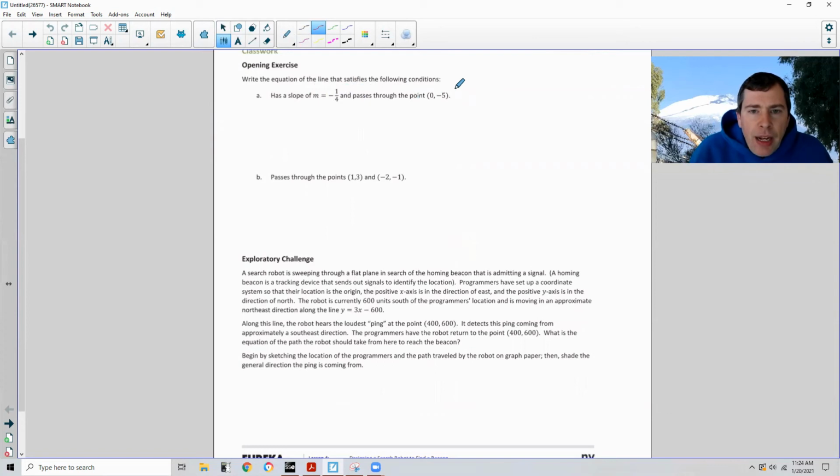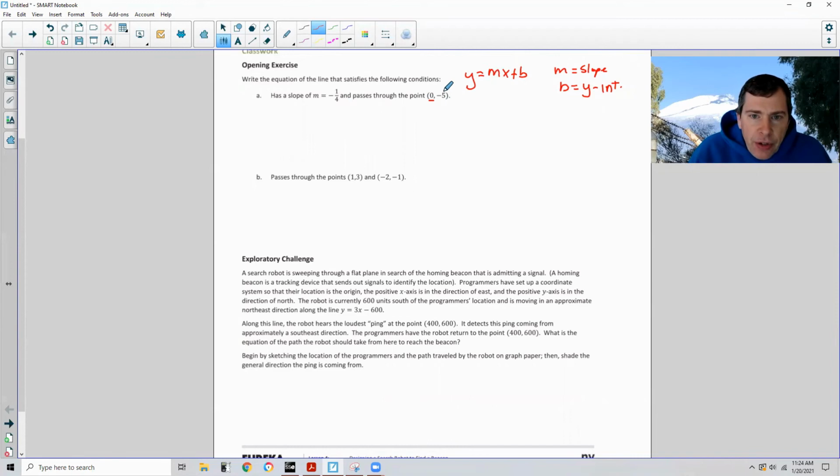Okay, so we have the equation y equals mx plus b. M is the slope, the change in y over change in x, and b is the y-intercept, which means the y value when x is 0. So we have all the information we need right here.